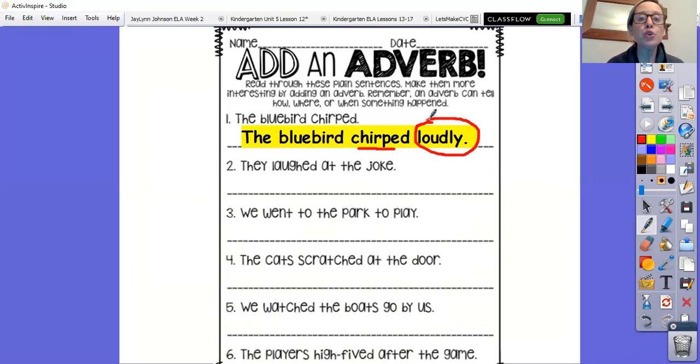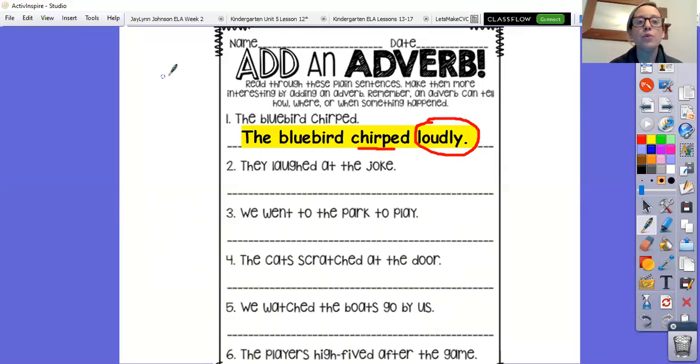Okay, let's do number 2 together. I'll give you a second to look it over. I'm on number 2. Okay, let's read through. They laughed at the joke. They laughed at the joke. Okay, so first the sentence is a little bit longer, so maybe we could figure out what our nouns are first, okay? Our noun is a person, place, or thing.